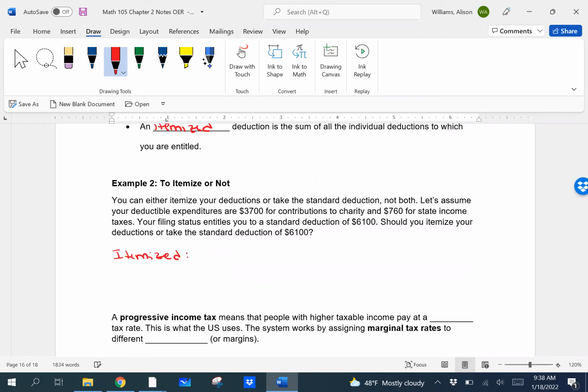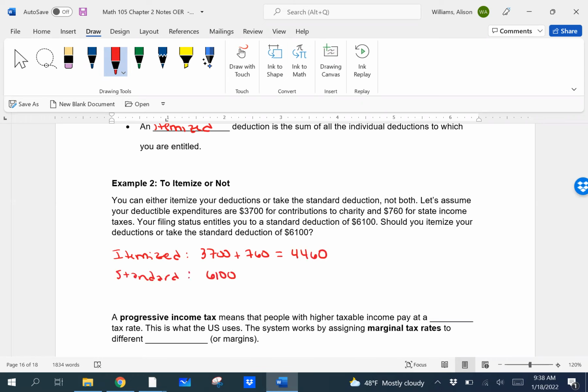You would add those two together, your contributions plus state income taxes. I think this might be an old version where you can take some state income taxes out. And that's going to be $4,460. Otherwise, you can take the standard deduction of $6,100.